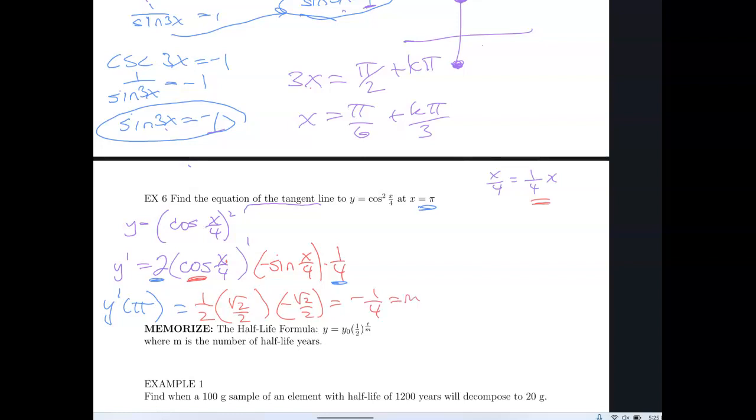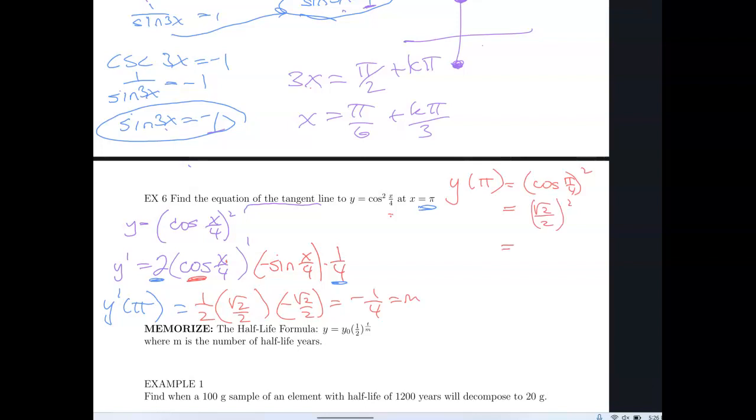I'm going to put into my equation of my tangent line. So I also need to find the y value. So the y value is me putting in pi into this function. So again, it might be useful to put the squared on the outside. So this is like saying cosine of pi over 4 all squared. Well, that's root 2 over 2, you know that.